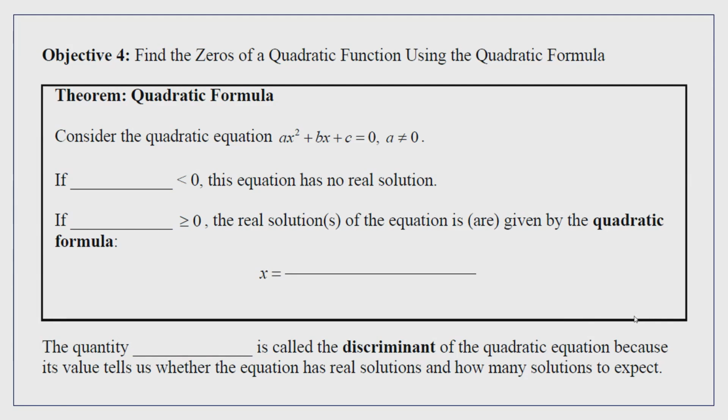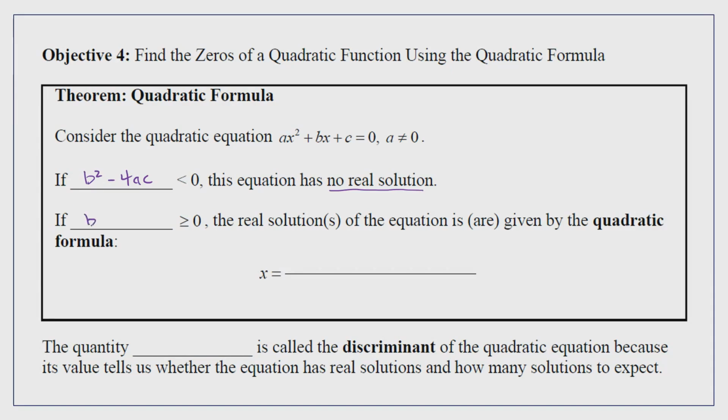Objective 4. Find the zeros of a quadratic function using the quadratic formula. So consider the quadratic equation ax squared plus bx plus c equals 0, where a does not equal 0. If b squared minus 4ac is less than 0, this equation has no real solutions.